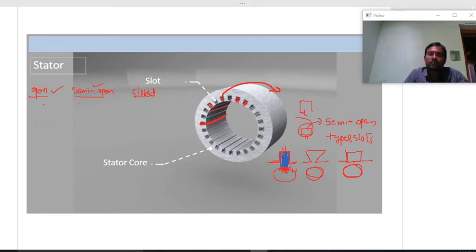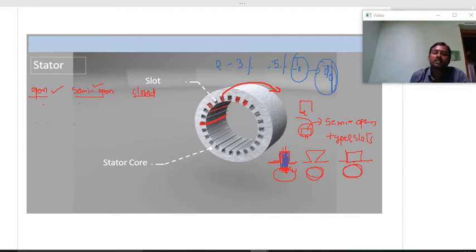In the transformer, laminations are provided and the air gap is very small, so the excitation current drawn is 2 to 3% or maximum 5% I naught from the supply to produce the required flux in the transformer core.